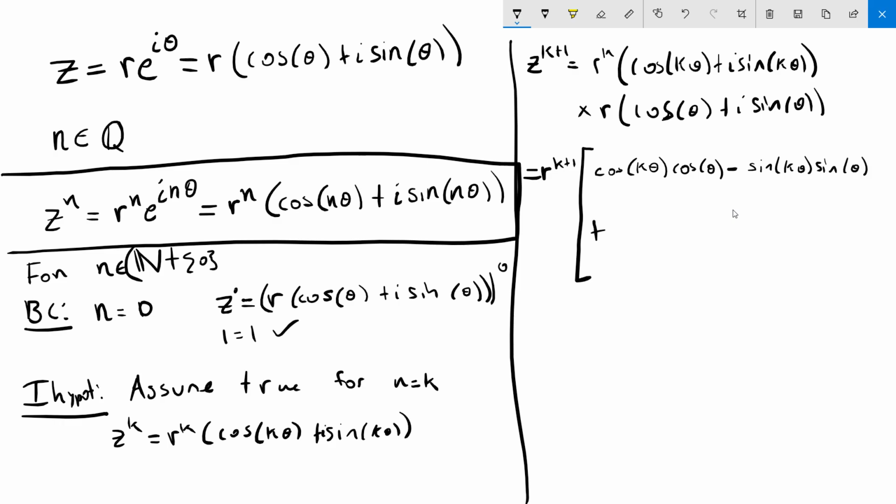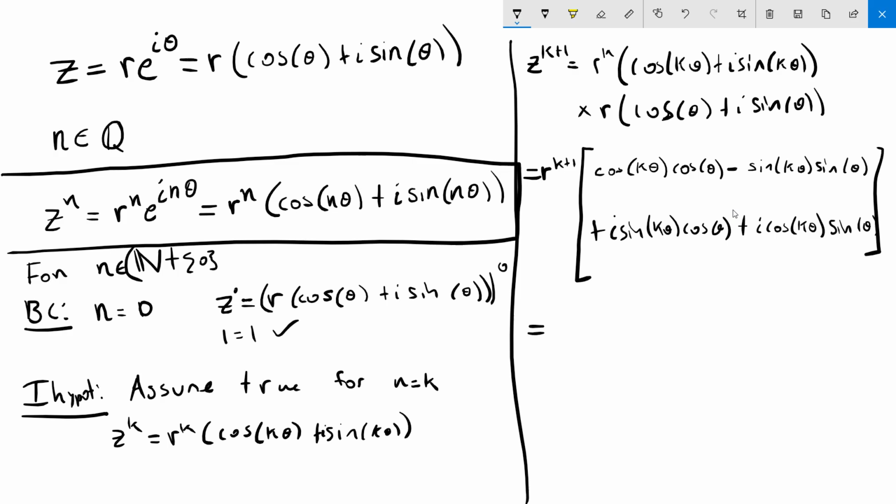Then our imaginary terms: i sine k theta, cosine theta. And our second imaginary term is this term right here, plus i cosine k theta, sine of theta. So this is what our z to the k plus 1 is.